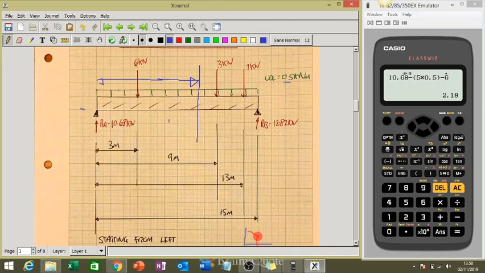So 7 meters in, I've got this force coming up, that force coming down, and now I've got 7 meters worth of that UDL. I'm only looking at what I can see here. That force coming up, that force coming down, and 7 meters worth of my UDL.